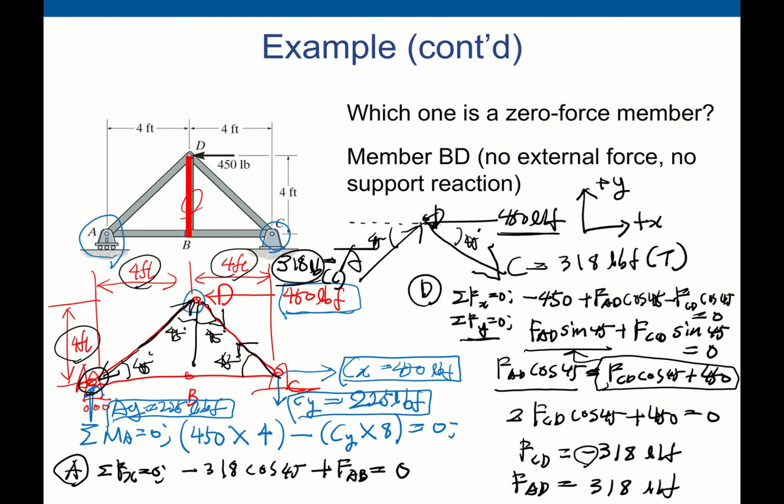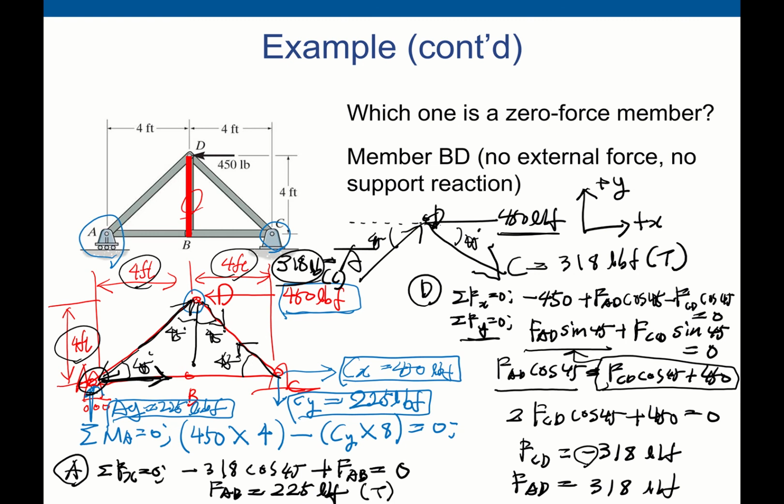So FAB is 225 pounds, which is a positive direction, this direction. That means this member AB should be in tension because it's pulling.